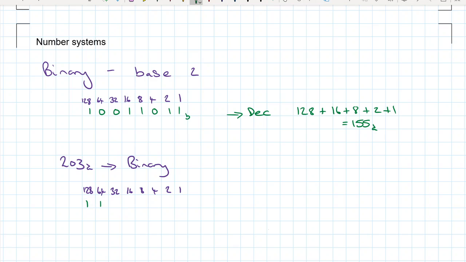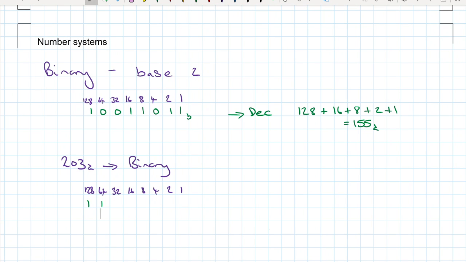And then we can do a 64 as well into that, but we can't do a 32, can't do a 16, but we can do an 8 and a 2 and a 1, so that should make 203 if my maths is correct. And there we have our decimal into binary.